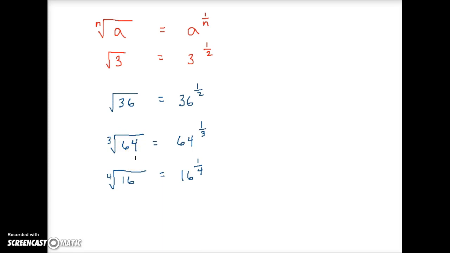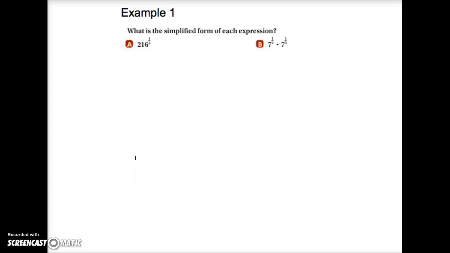So let's look at some other examples. What is the simplified form of each expression? So we have 216 to the 1/3 power. We're going to rewrite this as the root of 216.